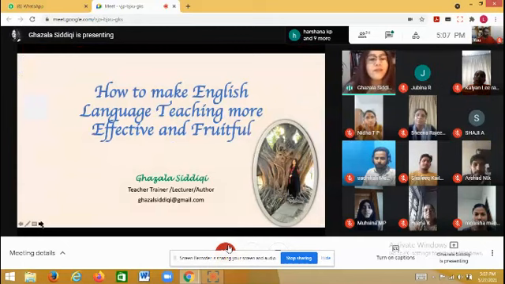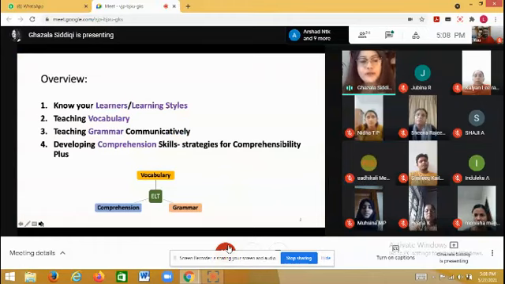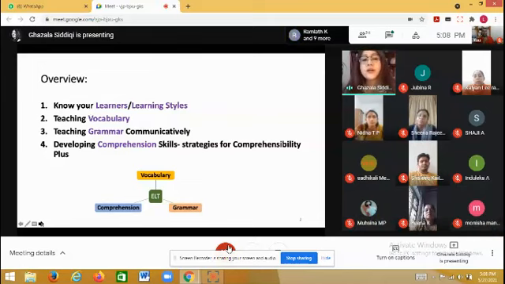So this is the topic. I'm a teacher, as he has already introduced, Mr. Abdul Salam has already. This is the overview of today's program. This is what I want to talk about today. I'm going to talk about the learners that we deal with every day, the different kind of learning styles. Then what are the things that we teach when we want to make our students proficient in language learning?